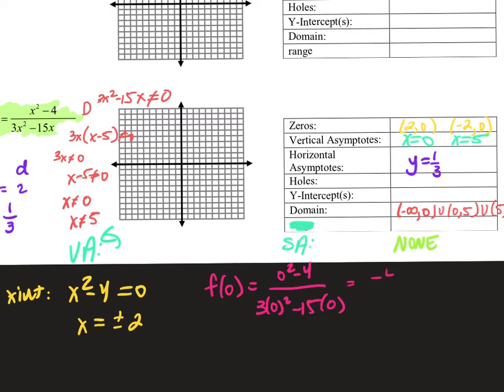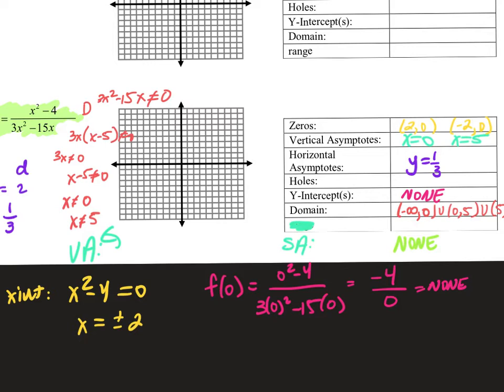This ends up being negative 4 over 0. If it was 0 over negative 4, your answer would be 0, correct? But negative 4 divided by 0 is undefined. That means you don't have a y-intercept. Your answer here would be none. All that means is your graph does not cross the y-axis.